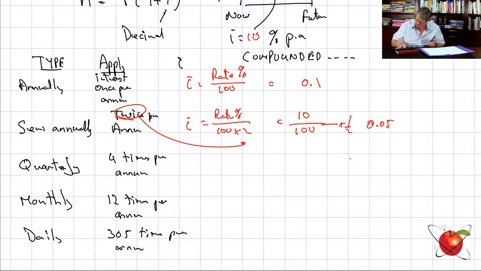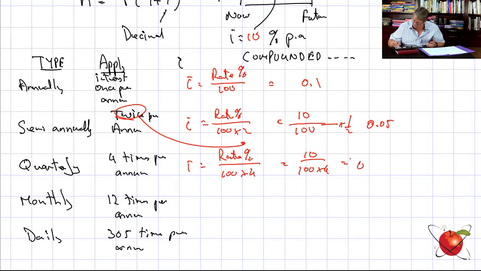So here it's 4 times. So I is going to be the rate percentage divided by 100 times a quarter, which is going to be 10 over 100 times a quarter. You can guess: 10 divided by 100 equals that, divided by 4 is equal to 0.025. Right?